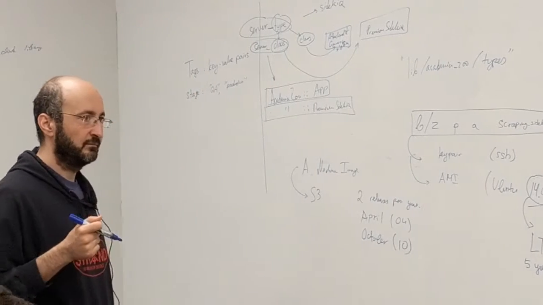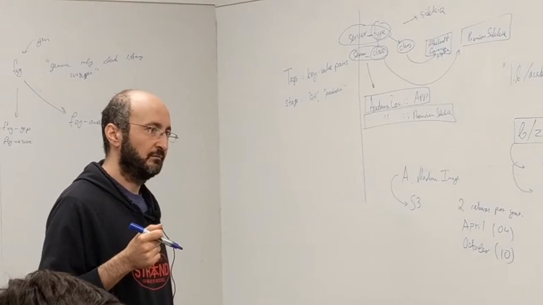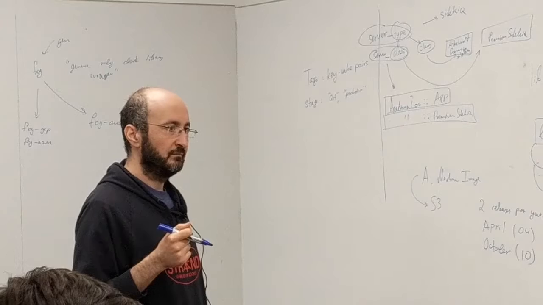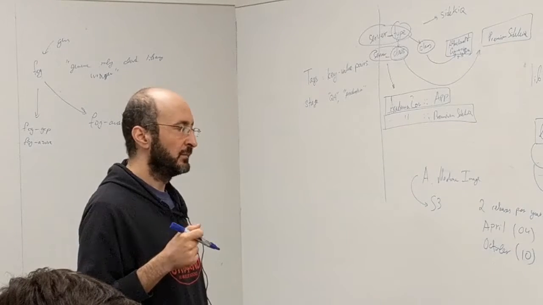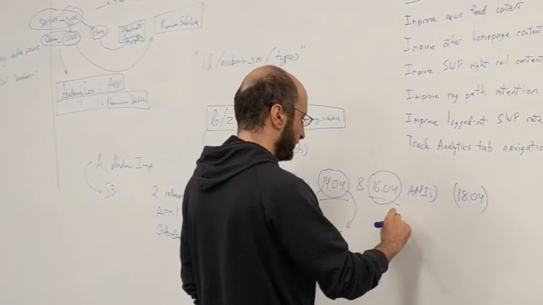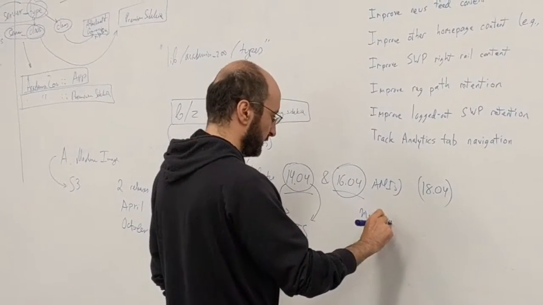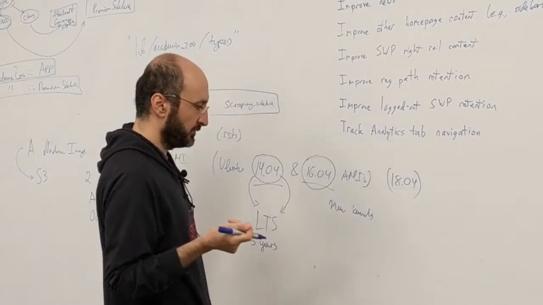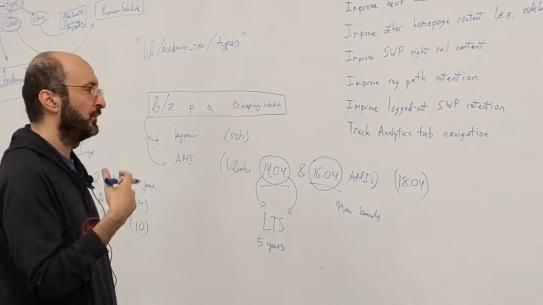Are the advantages of moving to a newer Ubuntu version just security, or are there performance or API advantages? Right, so sure, every new version has new kernels. New kernels usually mean better performance and more features.